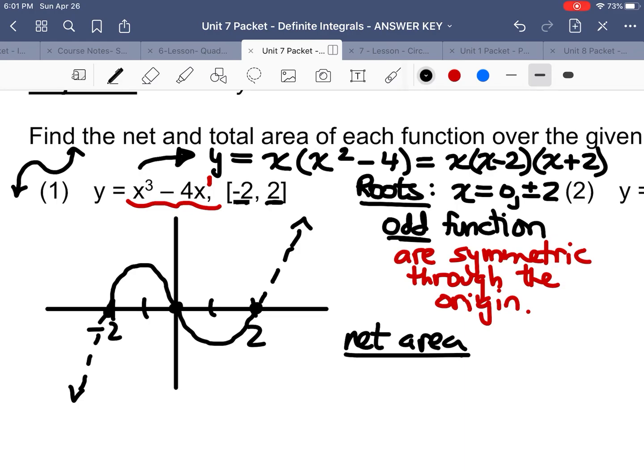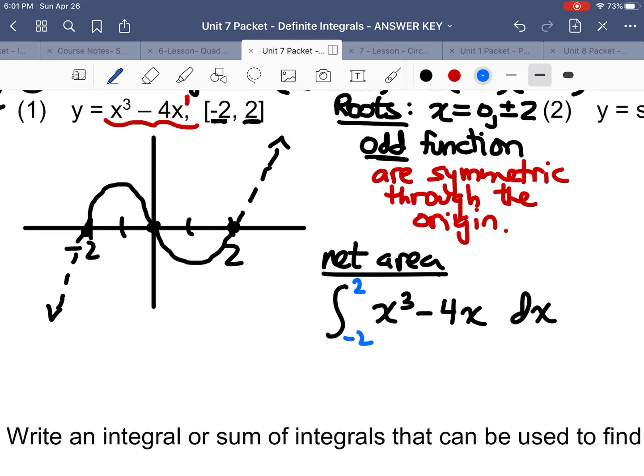So, net area. Very simple. Take the function, put it in a definite integral, x cubed minus 4x dx, on the relevant interval, in this case negative 2 to 2. And we'll get an answer.